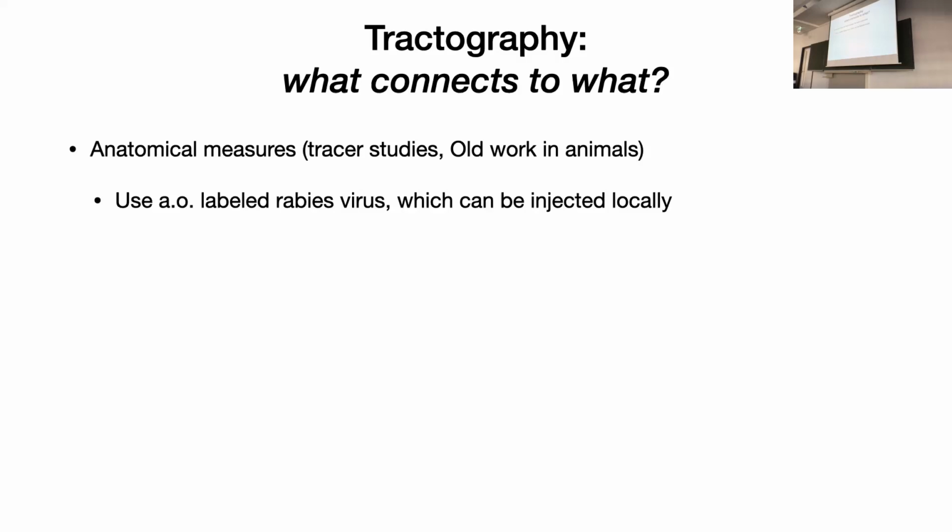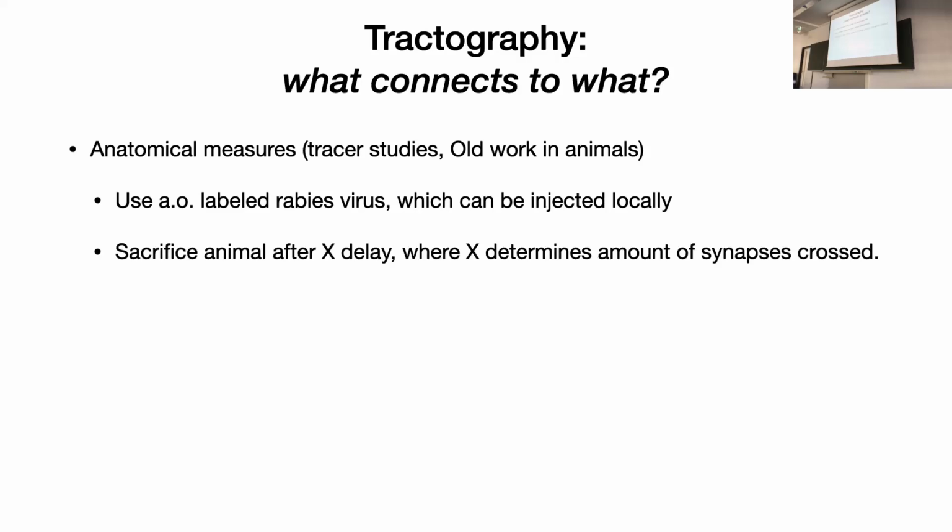So the virus will take the path along the neurons' connections, right? You inject a virus, label it with some staining technique, inject it locally in some portion of the brain, and then you wait. You wait for 1 day, and then you have this sort of speedometer that you know from the literature, and you say, oh, if I wait 1 day, it's going to be 1 or 2 synapses away, right?